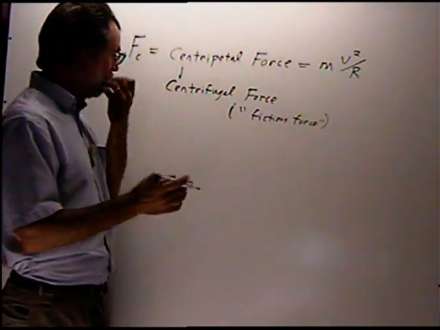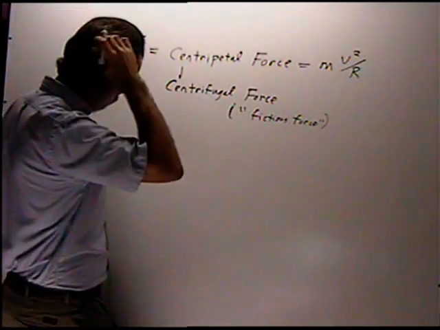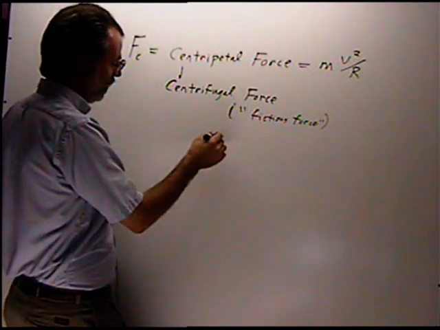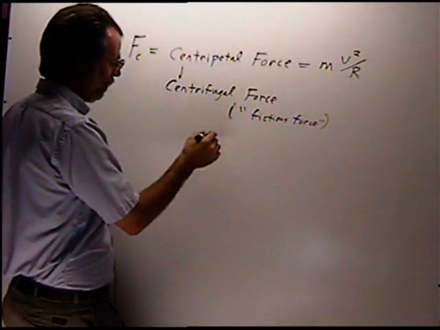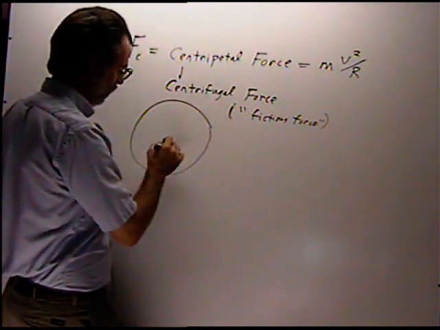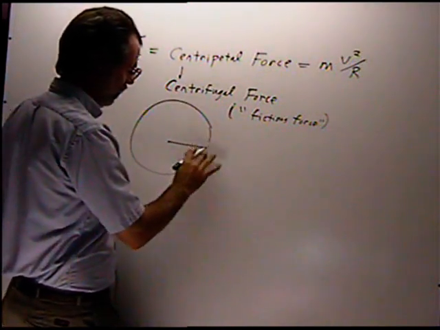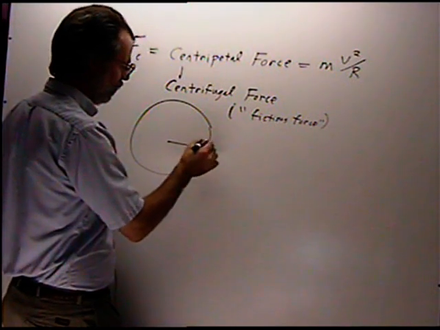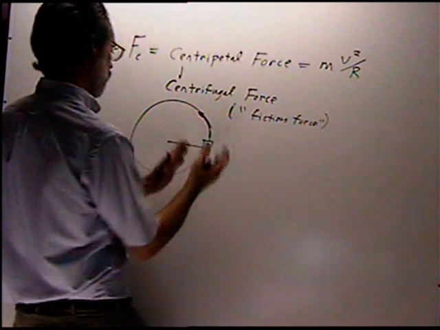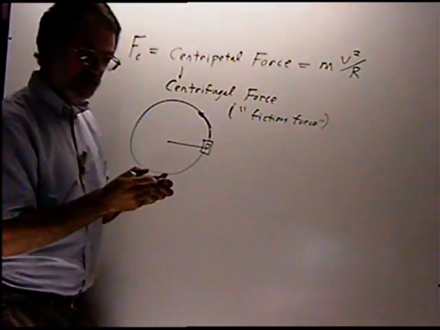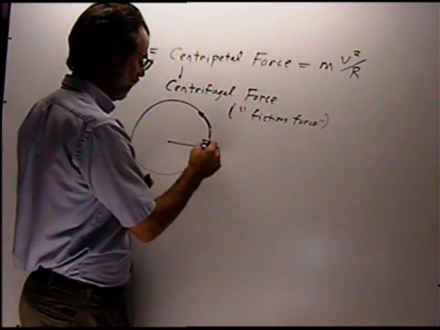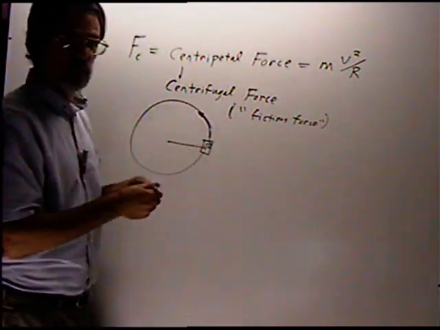As an example, suppose you're in a car and you're going around a tight curve. Suppose you're on the right-hand side of the car, the passenger side. What do you feel?